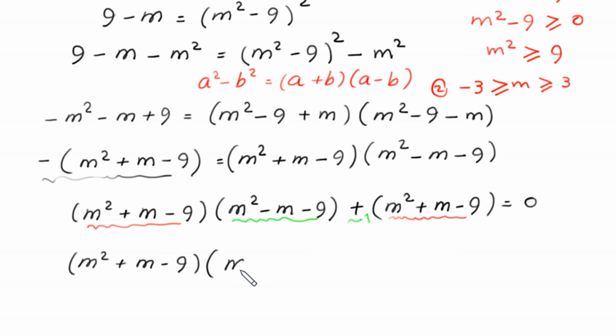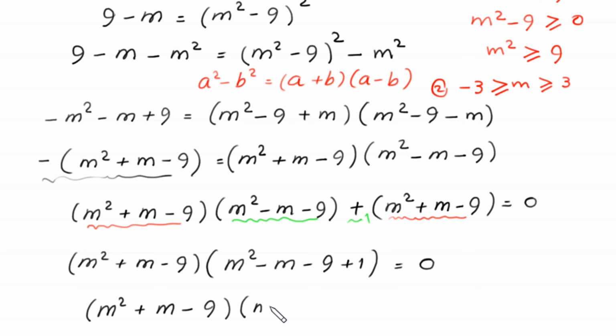Next m squared plus m minus 9 times m squared minus m, this negative 9 plus 1 will become negative 8 is equal to 0.